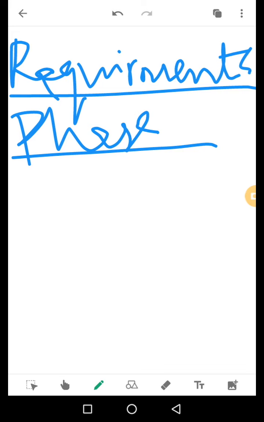So the general questions that require answers during the requirement gathering phase are, that is, at this requirement phase, some questions are placed and the answers must be given. Are you getting it now? So the questions include: who is going to use the system?